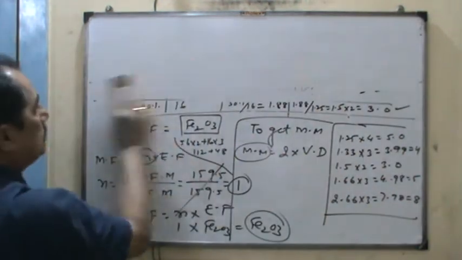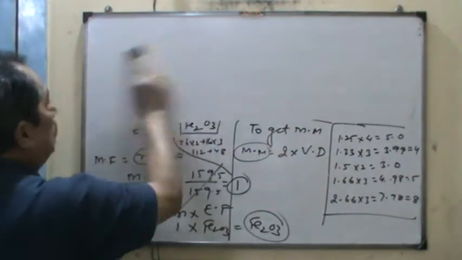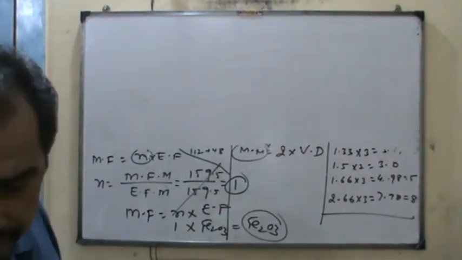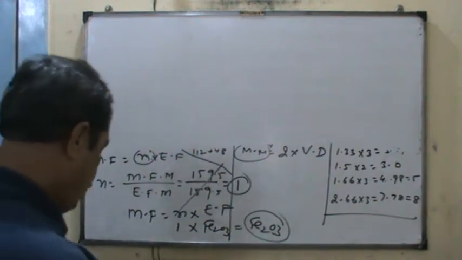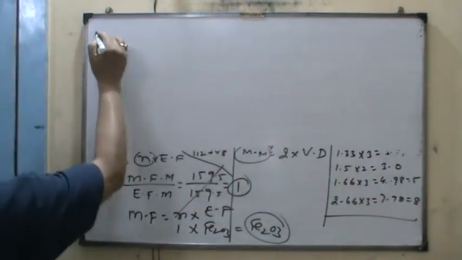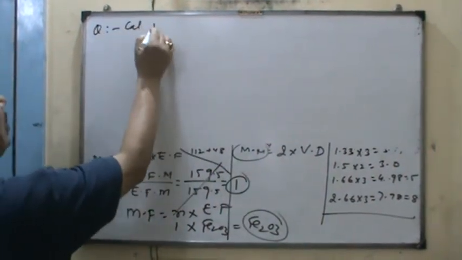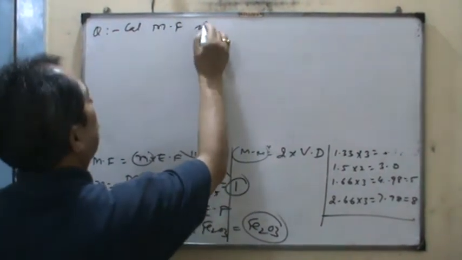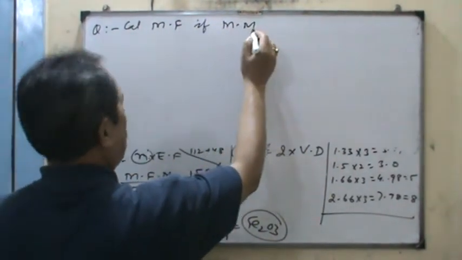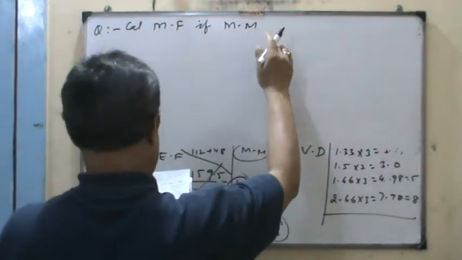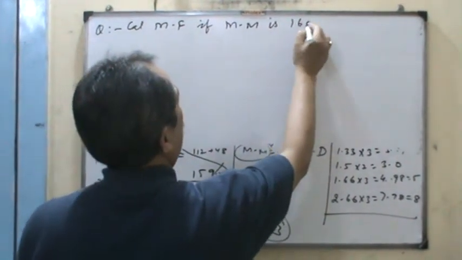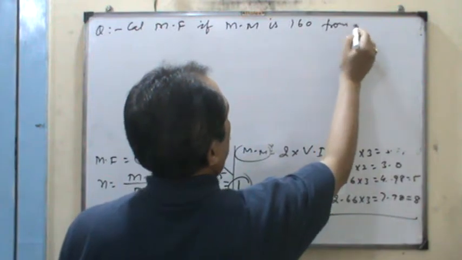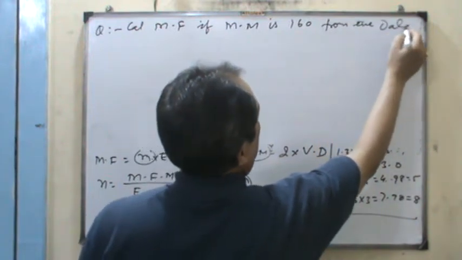Now dear students, I give you the ratio between the various elements. The question is: calculate the molecular formula if molar mass is 160 from the data given.